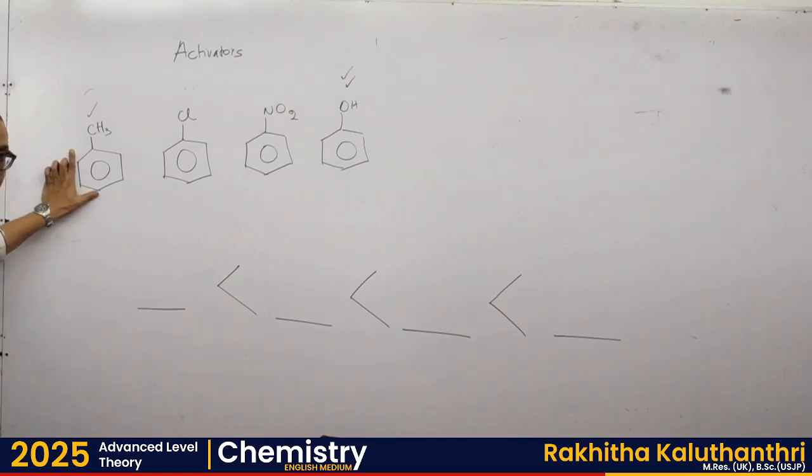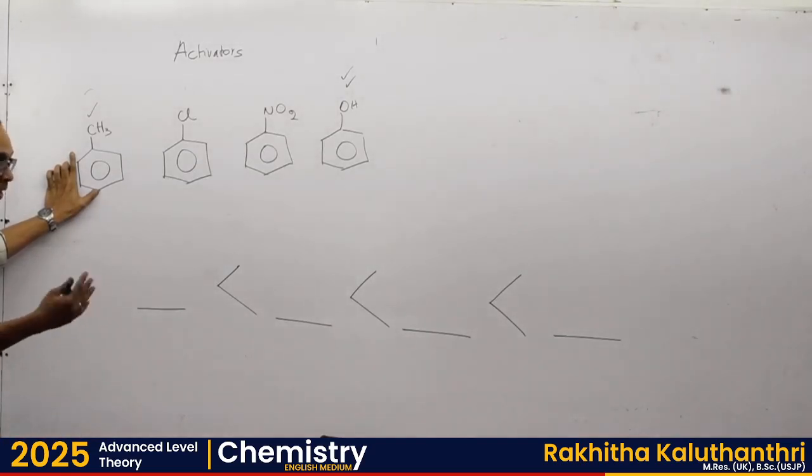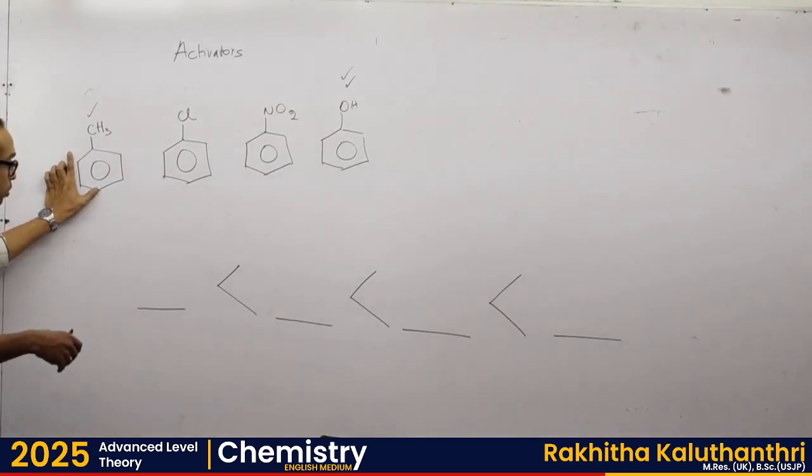And this one is a weak, I can't say this is an activator, sorry. This is an activator, but it's a very weak activator. Is that clear? We say poor activator. So this to activate, so therefore rate should be higher than deactivator's rate. So these should be coming in the last parts.